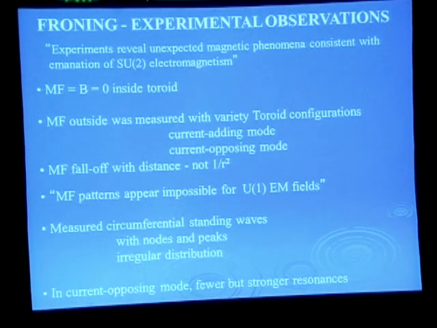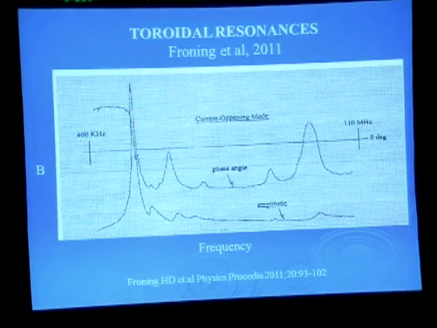Their pattern of distribution is inconsistent with U1 fields, and they have unusual behavior, even in this case where you're only measuring the U1 classical component. So there's something strange going on when you generate fields.